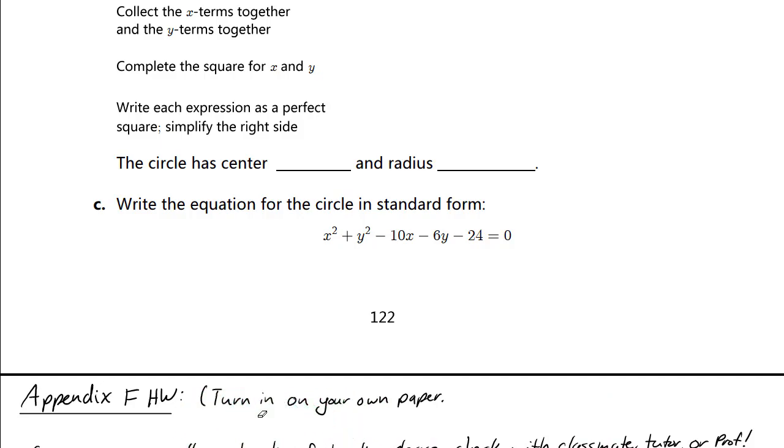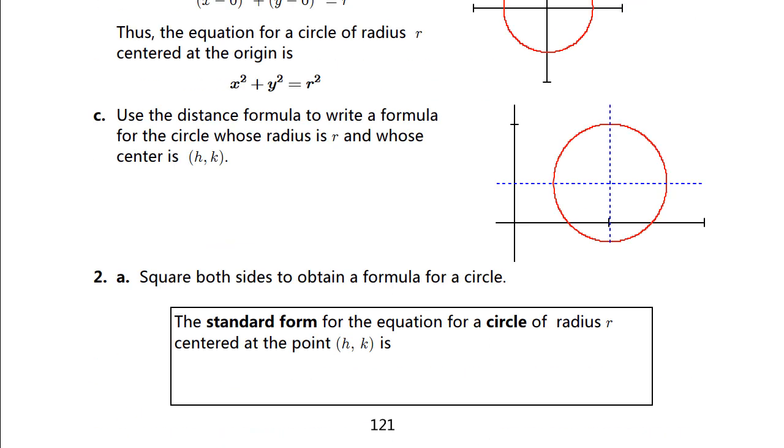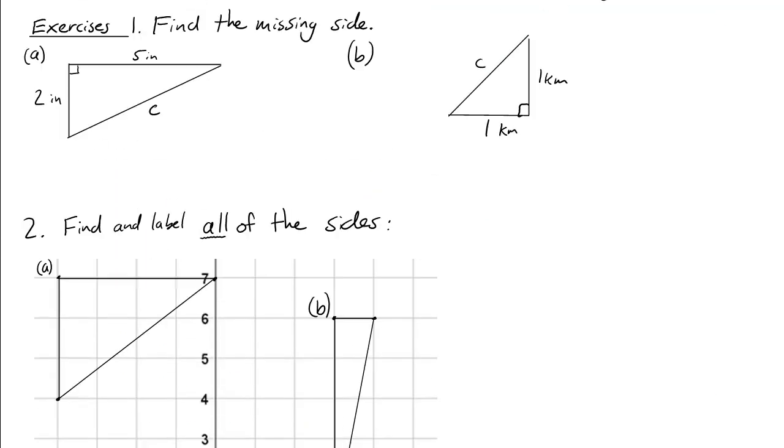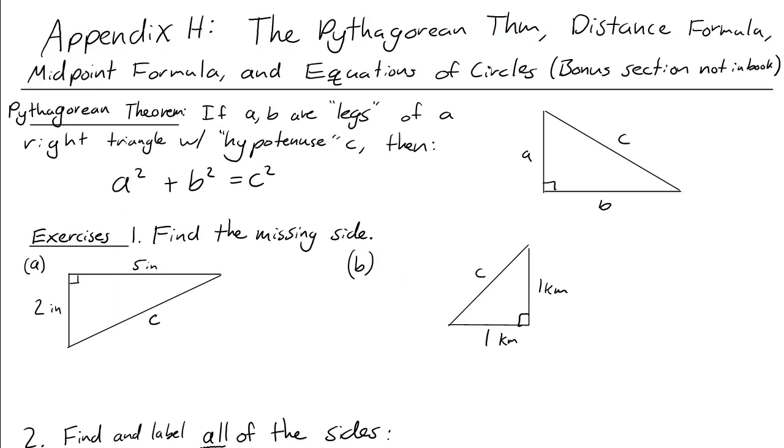All right, so let's start by looking at the first bit of this, the Pythagorean theorem on the first page here. First of all, I'm going to go over the theorem, and I'm going to do one of these exercises, but you should definitely do the other part of this exercise, and also exercise 2 on your own.